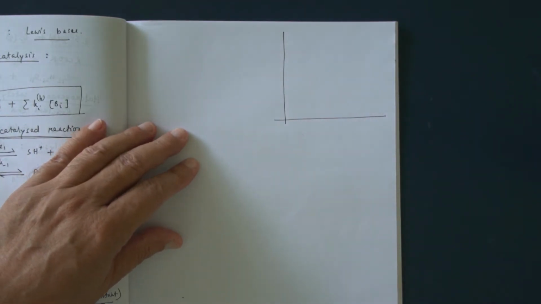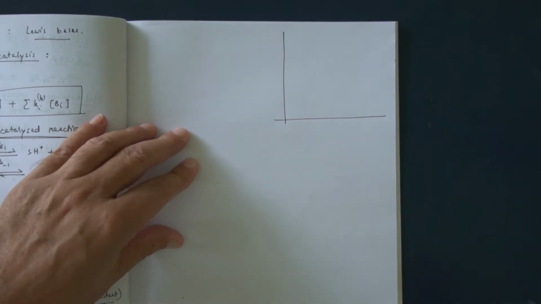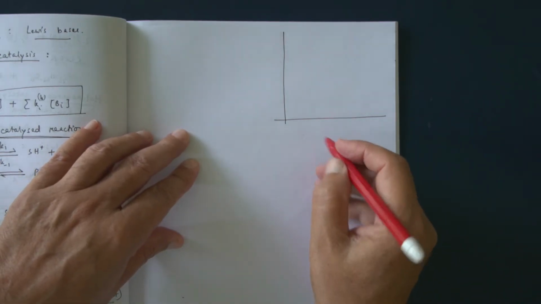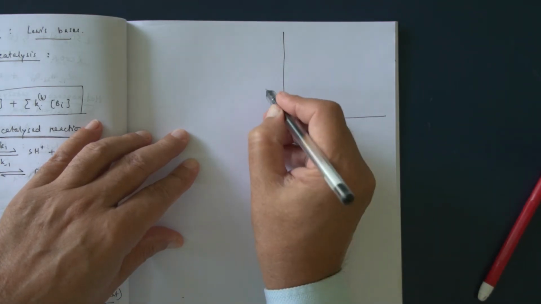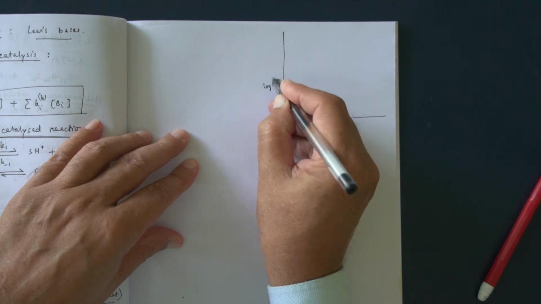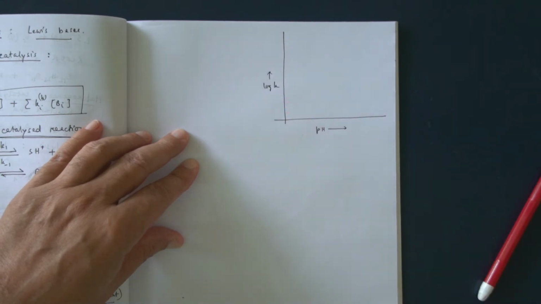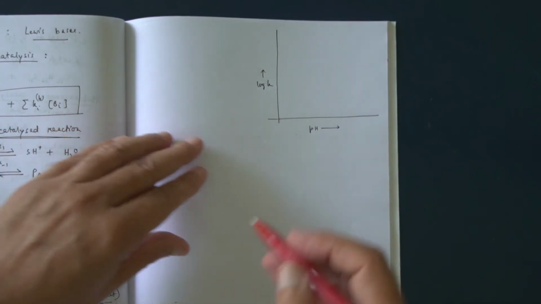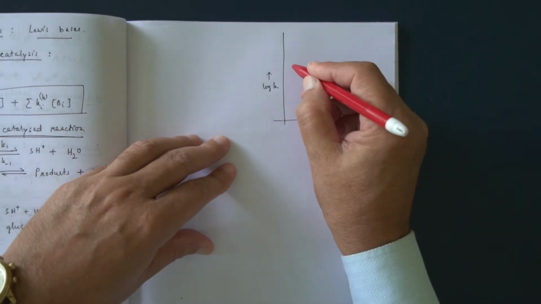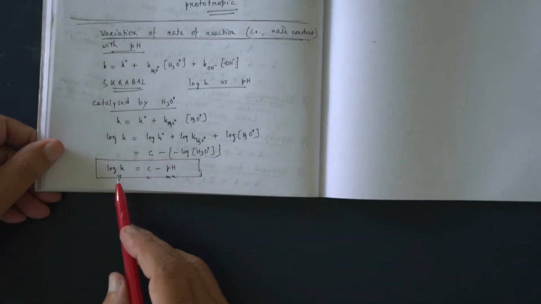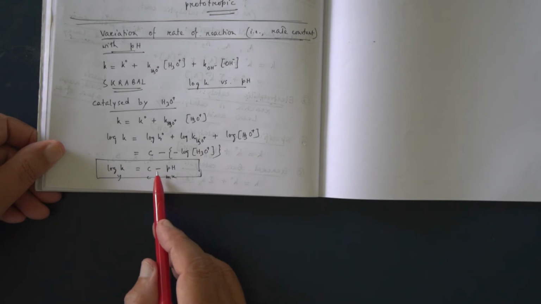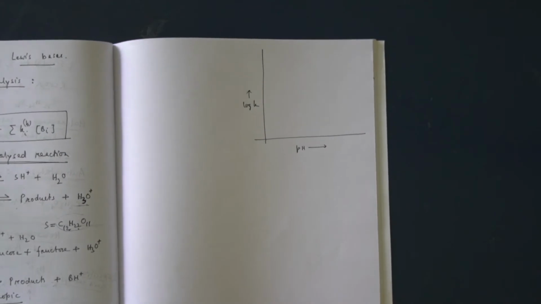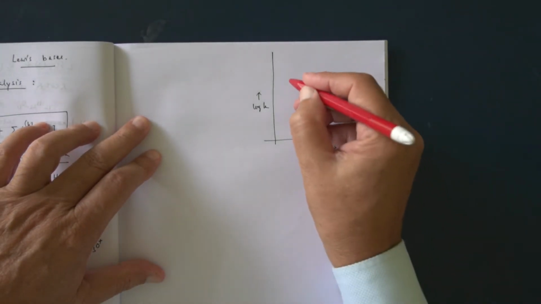This is pH, and this is log K. Basically this is the equation of a straight line, y equal to mx plus c. But since m is negative, the graph will be like this.